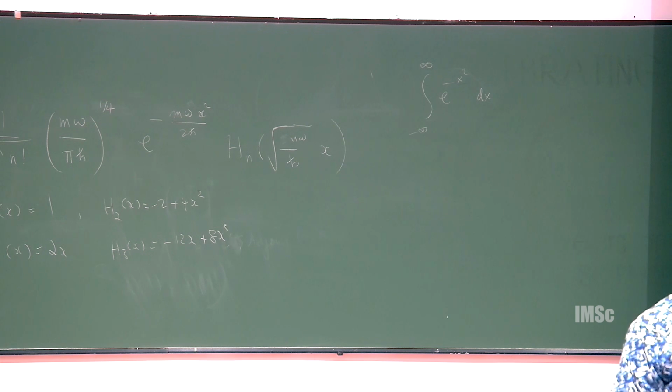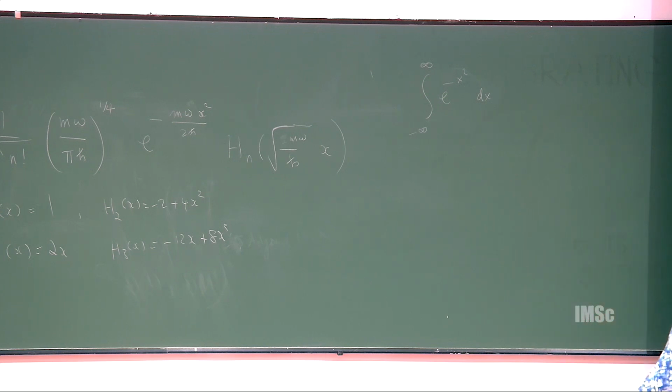Root pi. Okay, he says it's root pi, let's believe it's probably correct. How will you get it? Either you look into the tables and get the answer, or if I ask you to work it out from first principles, like a regular integral, how will you do it? Anyone?